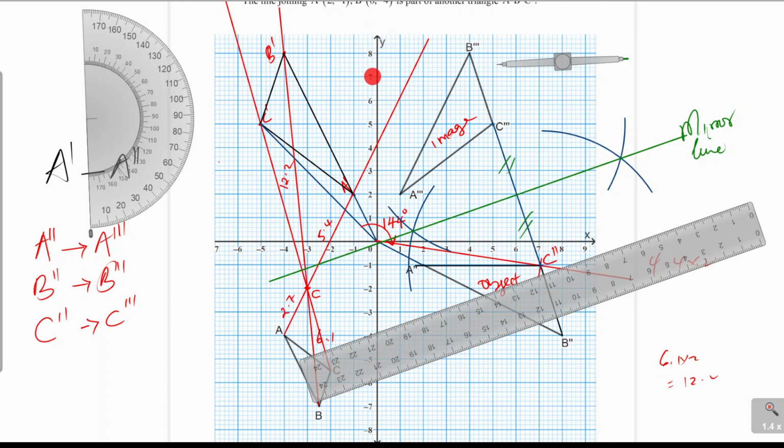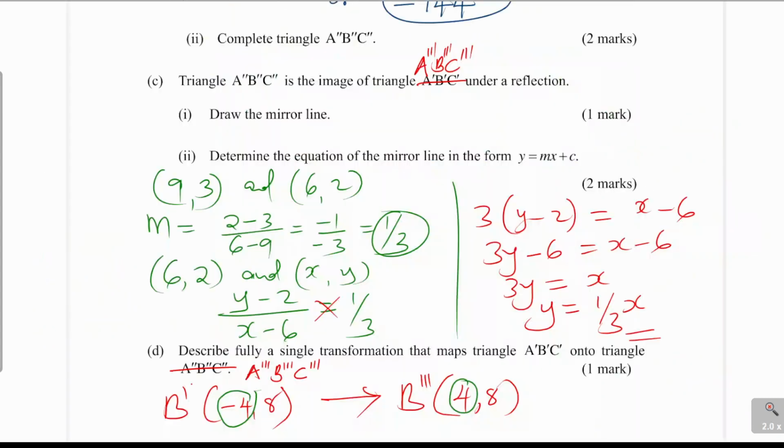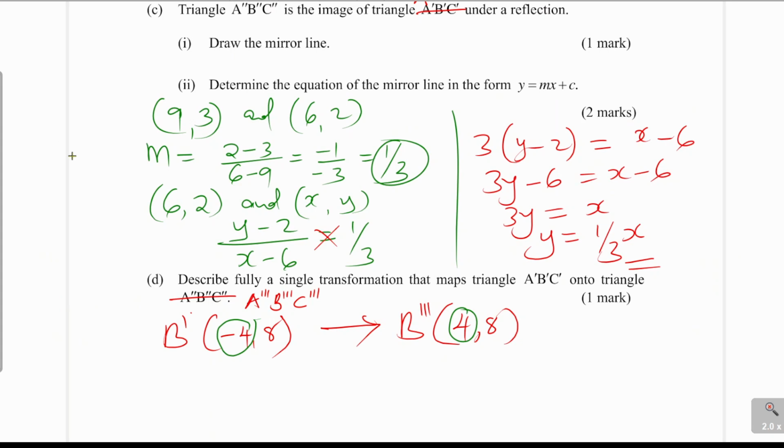So with the y-axis being the mirror line, you can see this distance from the mirror line to B triple prime is the same as this distance from the mirror line to B prime. So that is simply a reflection along the y-axis.